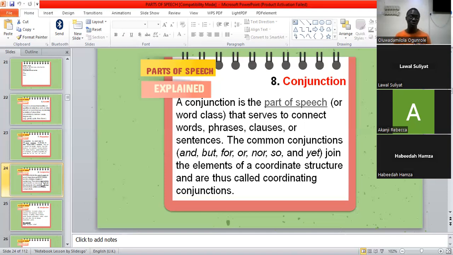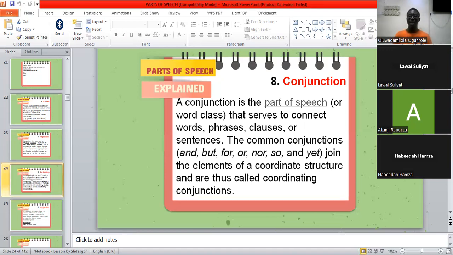It's impossible. I cannot use a conjunction to join a noun and a preposition. It's not possible. So I can only use a conjunction to join a noun and a noun, an adjective and an adjective, a verb and a verb, an adverb and an adverb, or a preposition and a preposition, if we can have something like that.